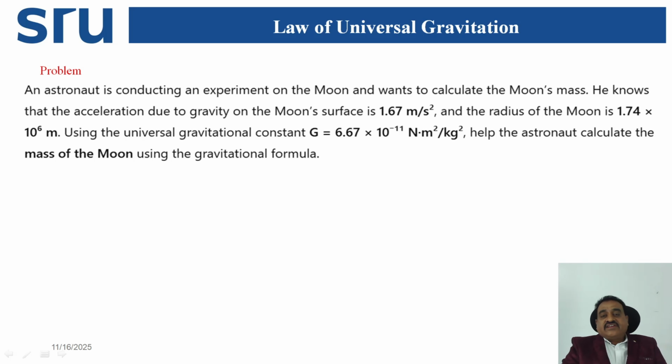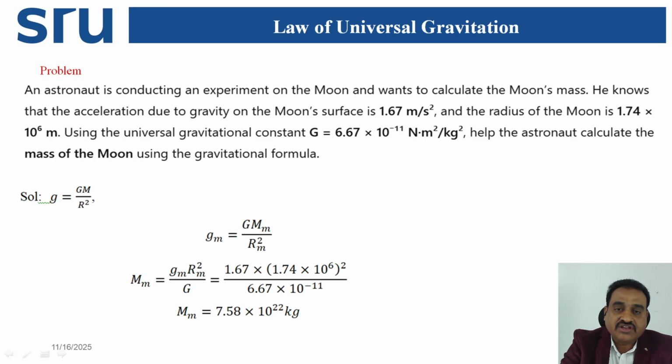Using the universal gravitational constant, the same 6.67 × 10^-11 Newton meter square per kg square, help the astronaut calculate the mass of the moon using the gravitational formula. So the formula is given by the relation between small g and capital G.